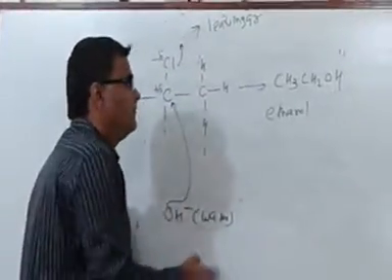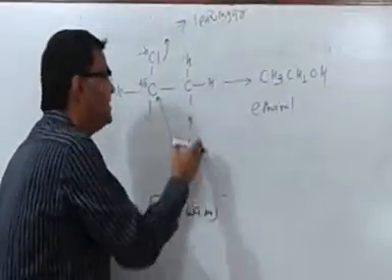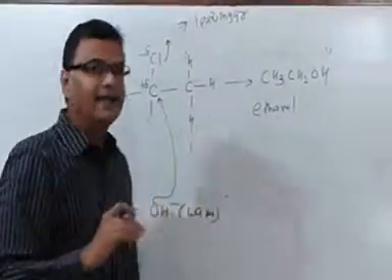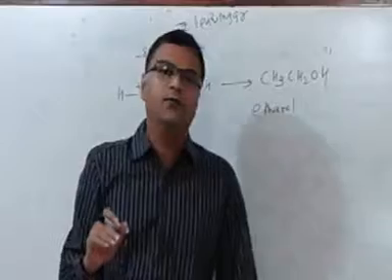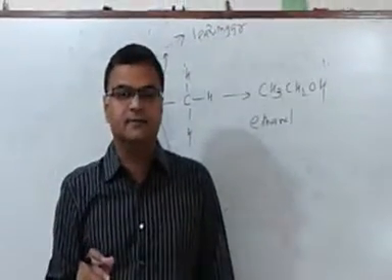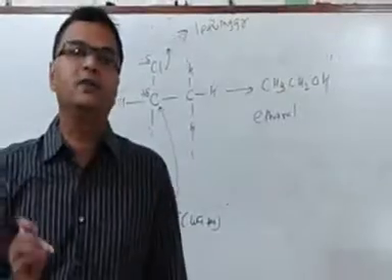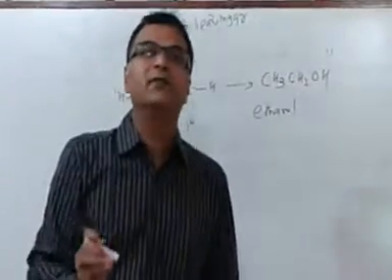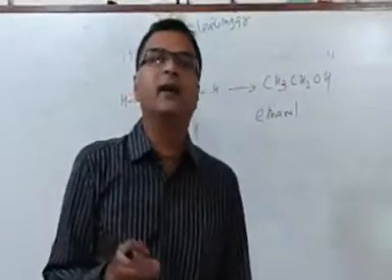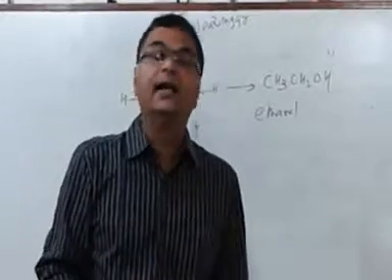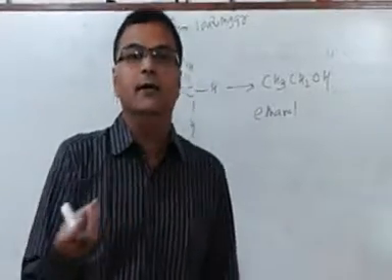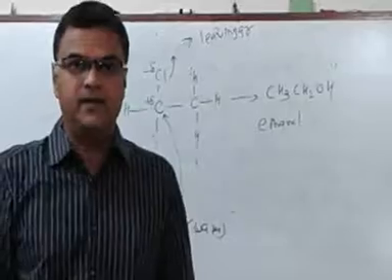And therefore, we get an alcohol with aqueous KOH and we get an alkene with alcoholic KOH via elimination mechanism. So the last sentence that I want to say here is that when OH minus is alcoholic, it prefers elimination, and when OH minus ion is aqueous, it prefers the SN or nucleophilic substitution mechanism.